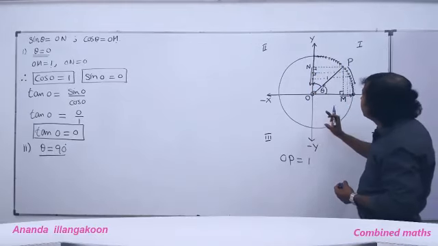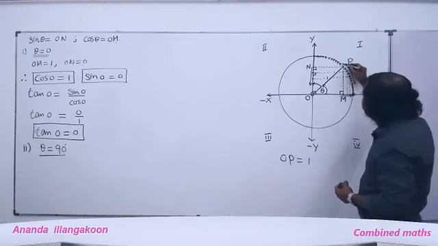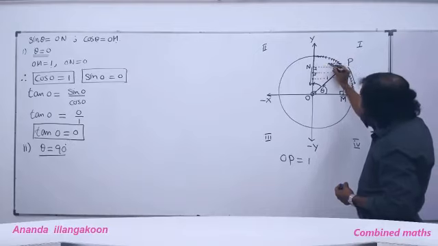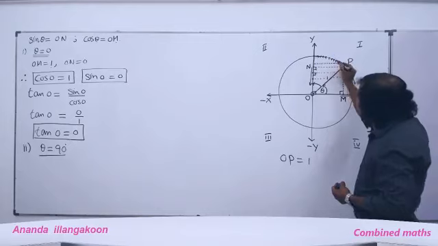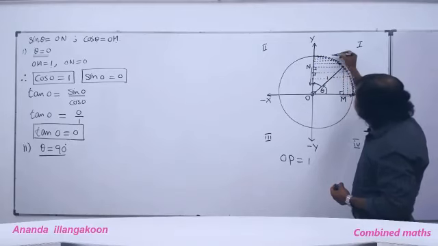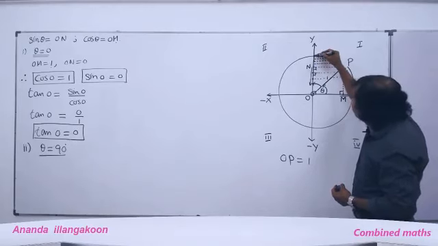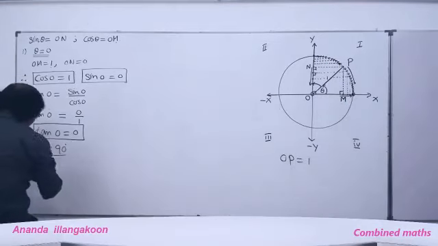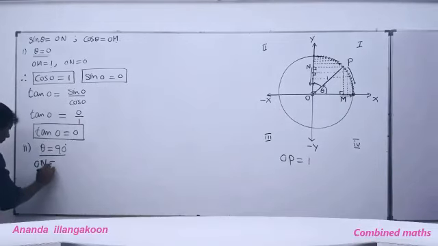Now, once this point P comes on the circle this way, point A goes up. Finally, when the point P on the circle comes to this point, N will be here, giving ON 1.